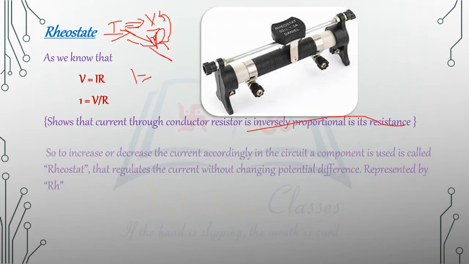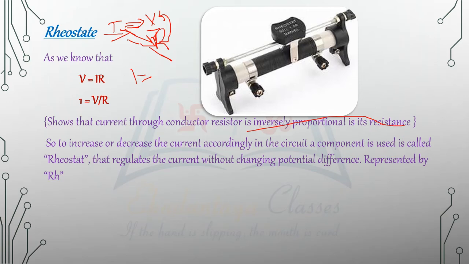A component used to increase or decrease the current accordingly in the circuit is called a rheostat. Increase or decrease the current.